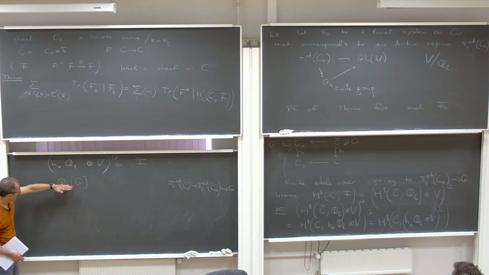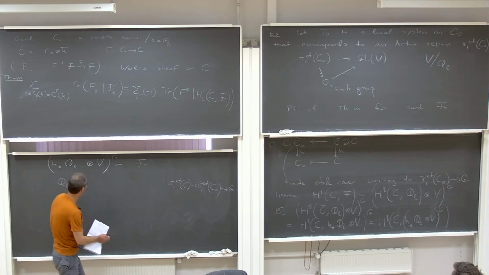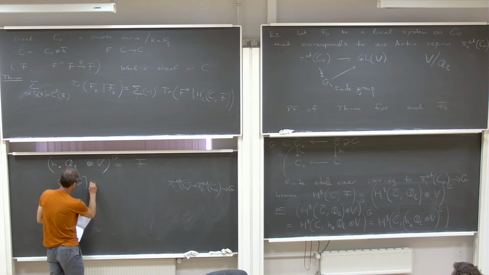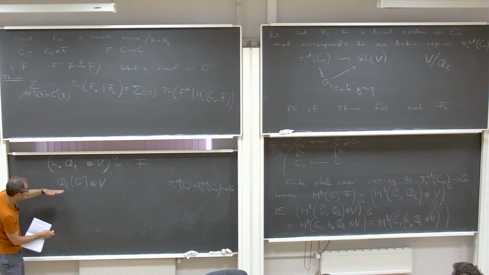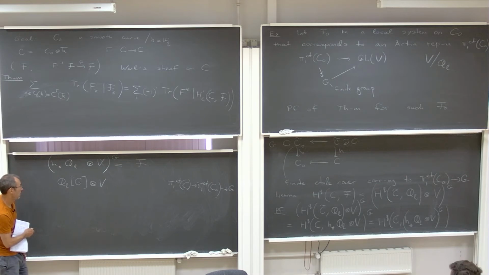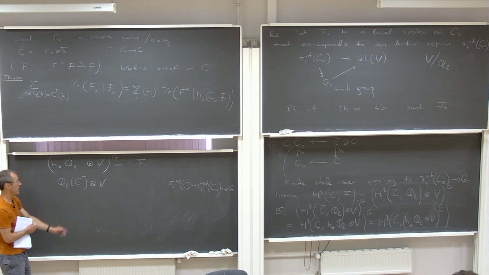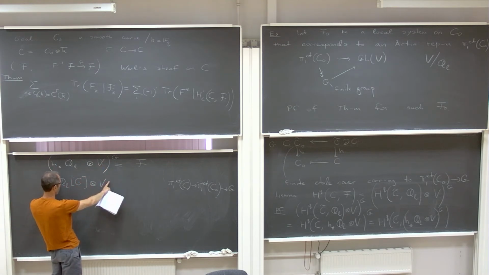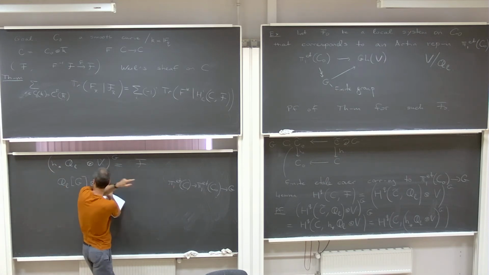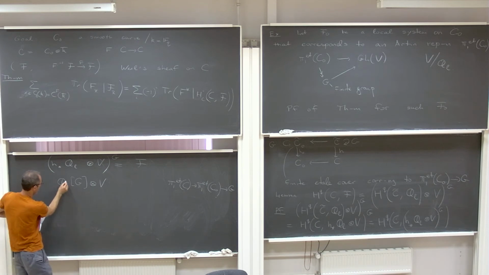So this is a left representation of the fundamental group. So this is just my V, the regular representation, yes. So I claim that this local system corresponds to the representation of pi 1 etale of C via the action of pi 1 on this first factor.